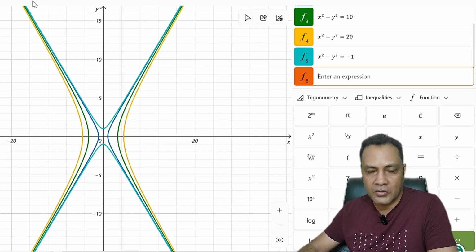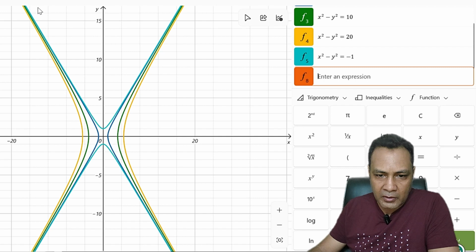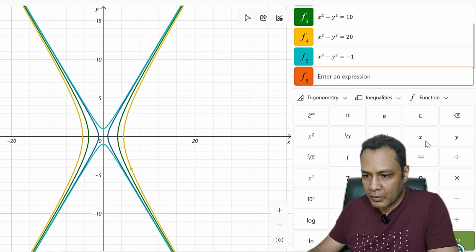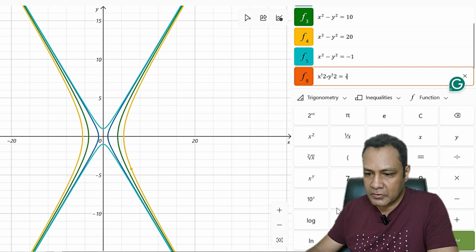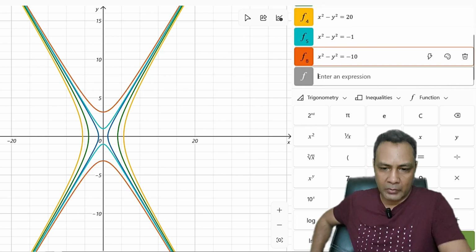Same way, if I increase the potential in negative, we will get the hyperbola along this like that. So I can take one more, x square minus y square is equal to say minus 10. So we'll get this hyperbola, as expected.